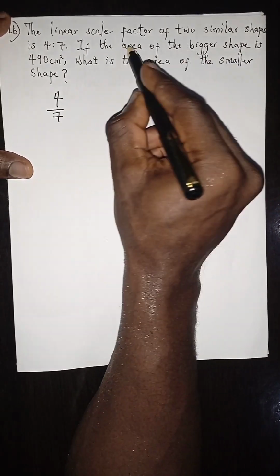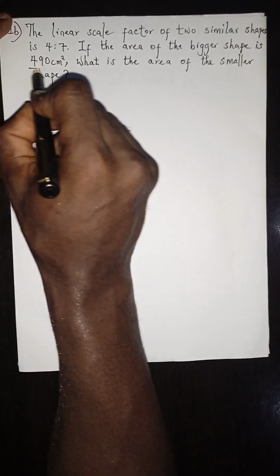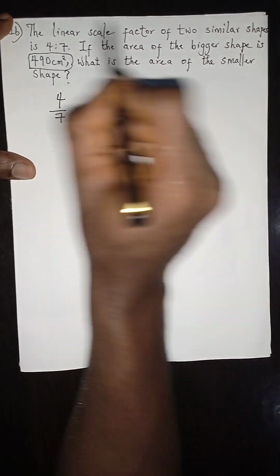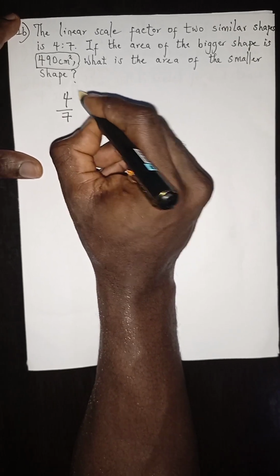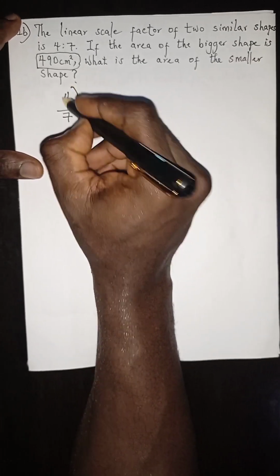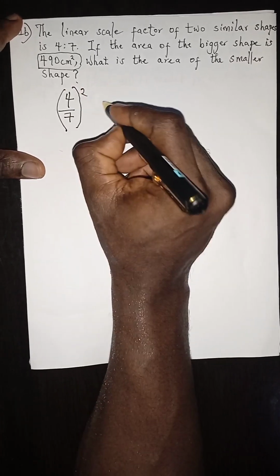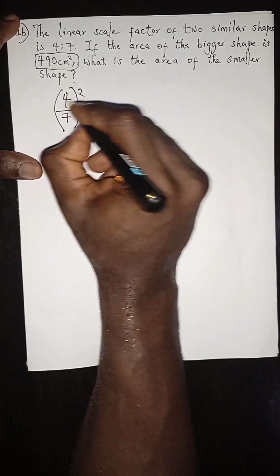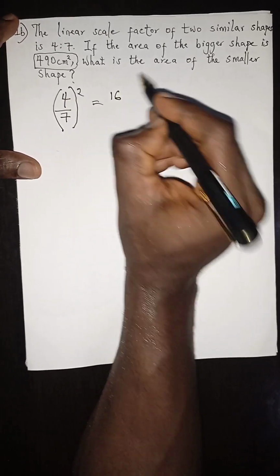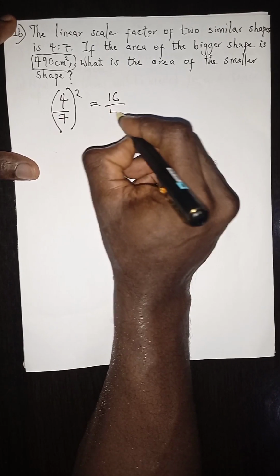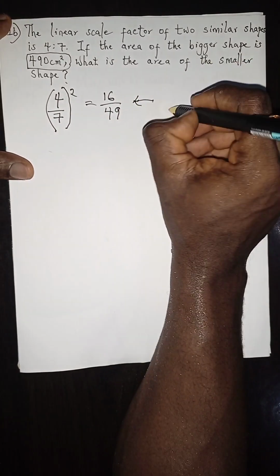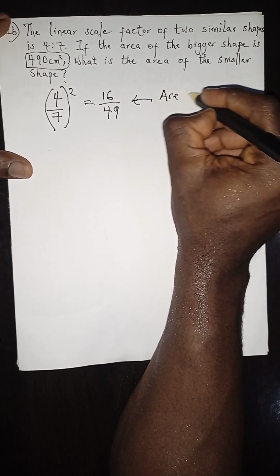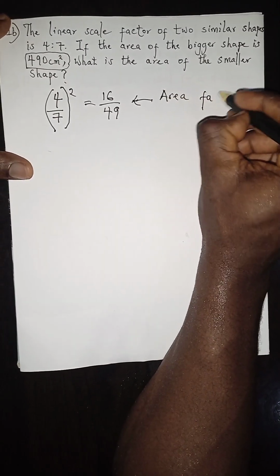Now, since the question is talking about areas, we need to get the area factor. To get the area factor from the scale factor is simply by squaring the scale factor. So what we're going to get is 4 squared over 7 squared, which is 16 over 49. Now I'm going to write it. This is what we call the area factor.